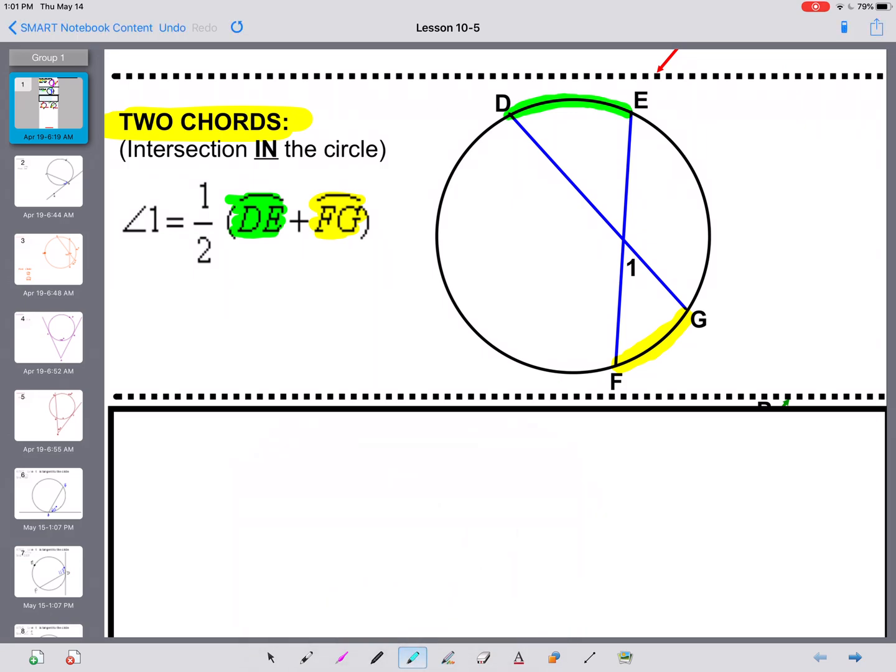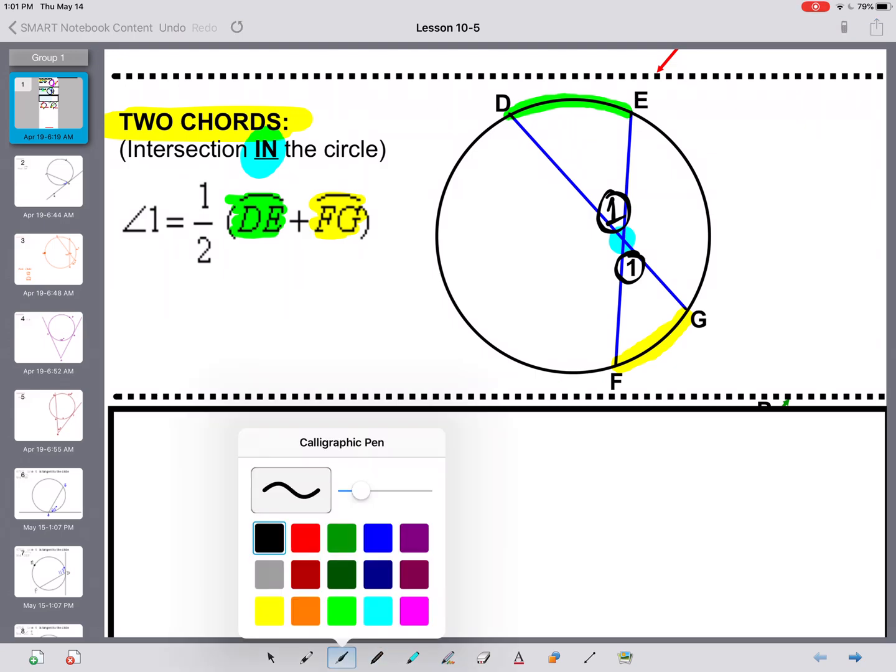They intersect inside the circle. Notice they form an angle here. This angle right here, angle 1. Well, if that's angle 1, so is that. The vertical angles.